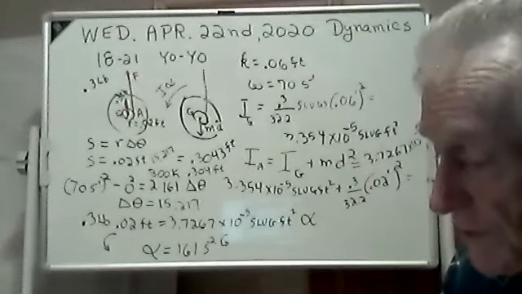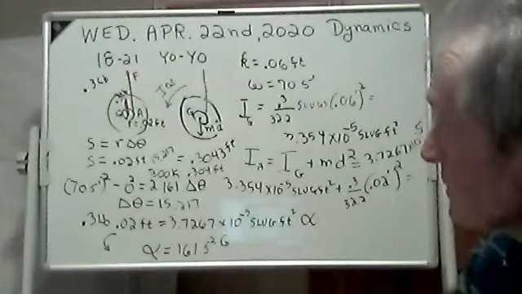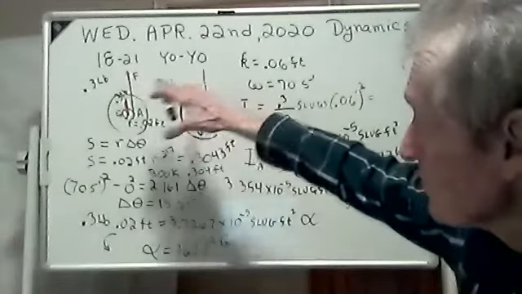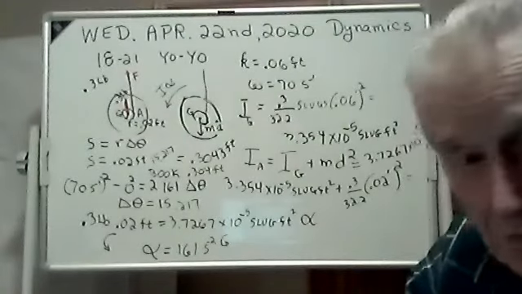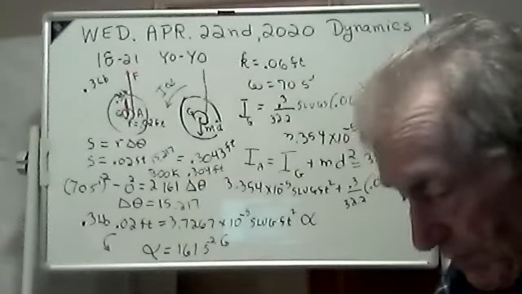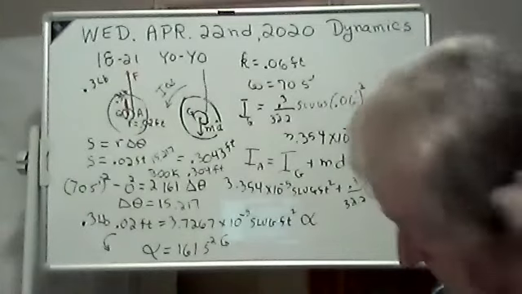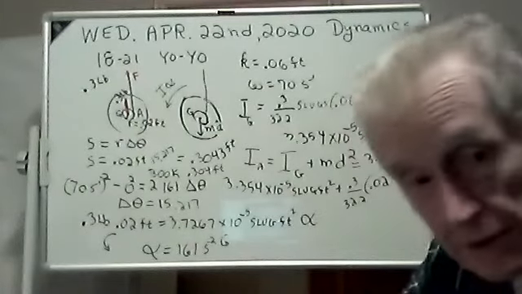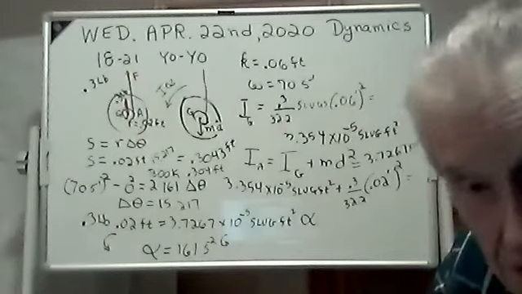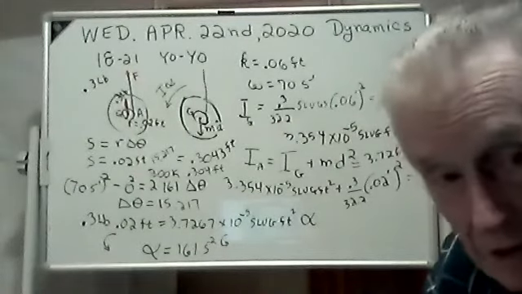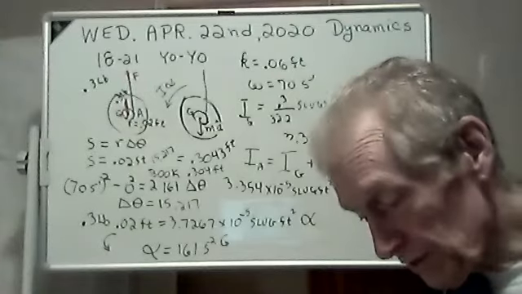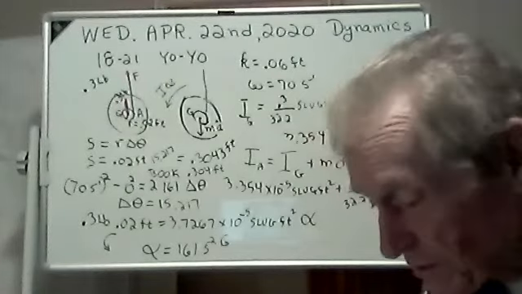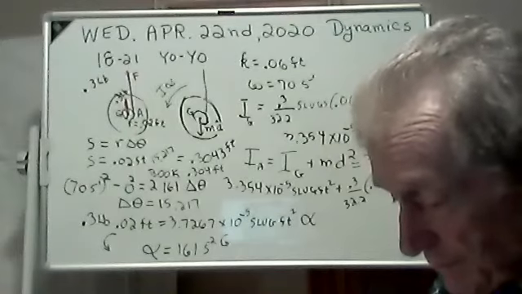If you just tuned in, we did this yo-yo problem that I started on Monday. Had a little trouble with my microphone Monday, but the lecture on Monday is on YouTube, and you can watch it. And I watched it, and it's okay. You can hear everything and understand everything, so you can watch it all over again.